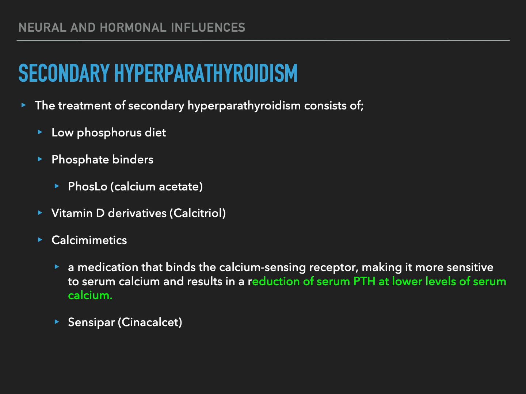A calcimimetic is a medication that binds the calcium-sensing receptors, making it more sensitive to serum calcium and results in a reduction of serum PTH at lower levels of serum calcium. So essentially, it mimics the action of calcium on the tissues. And I have a picture of that in the next slide. An example of a calcimimetic is Sensipar, which is a pill that can be taken daily.